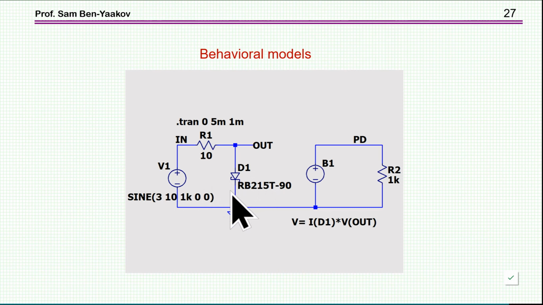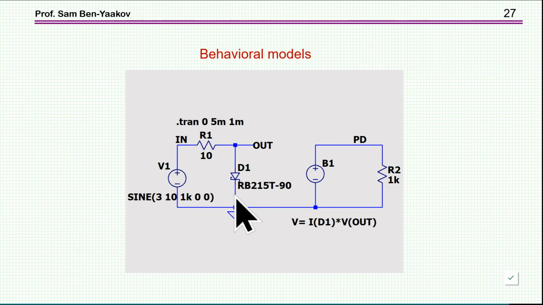Now, suppose I'd like to find what is the power dissipation of this diode. By the way, LTspice has a feature that you can, by clicking, look at this value, but I'm not talking about that. I'm talking about how you can do it yourself, okay?